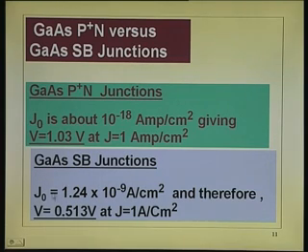For the Schottky barrier we have seen it is about 10 to the power minus 9 into 1.29, and 0.513 volts is the voltage drop across the Schottky barrier. For the P plus N diode, use the same formula that was used for silicon; it is very low, pico, femto and even lower than that, in amperes per centimeter square, because Ni is 10 to the power 6 as compared to 10 to the power 10 in the case of silicon.